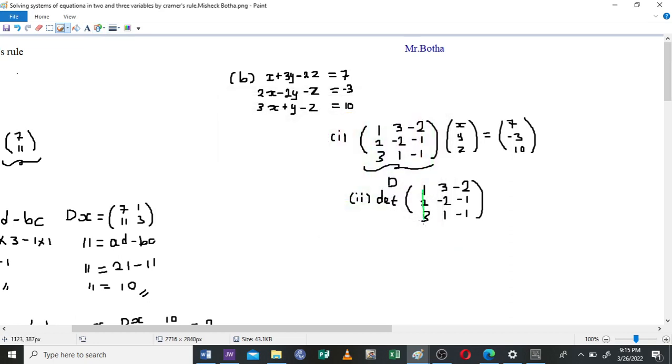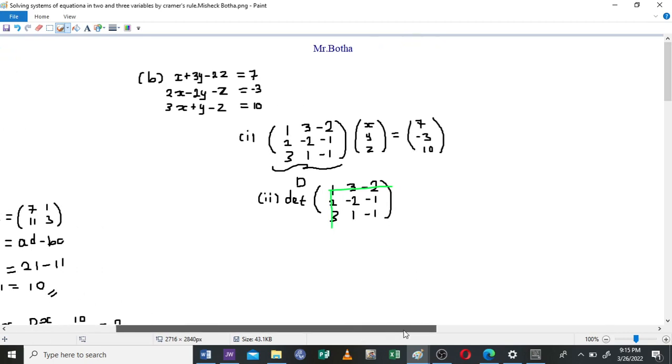So what happens here, it's like you cancel your first column and your second column so that you come up with a new matrix, right? And this new matrix that you come up with is -2, right? -2, -1, 1, and -1, right? So the second one here, now here there is something that you need to remember, right?